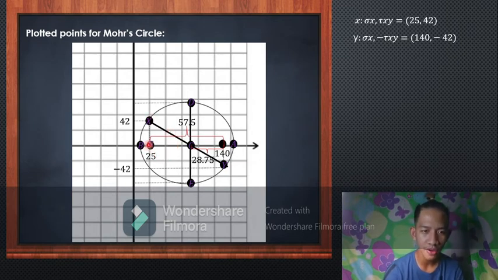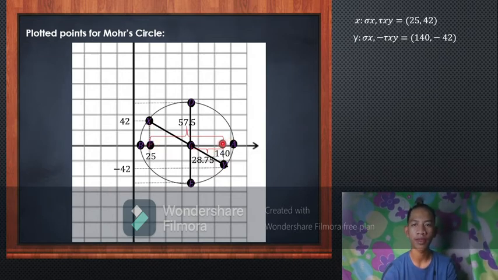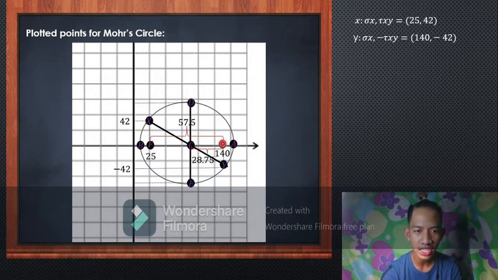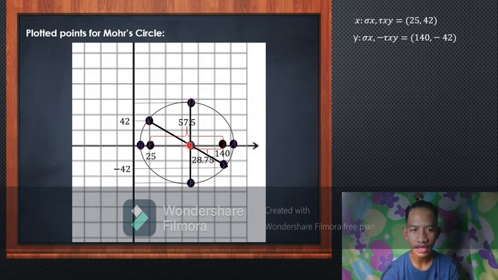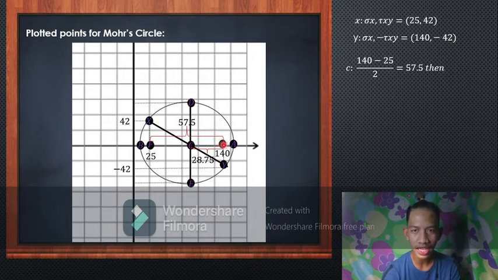Let's call the points F1 and F2. The third thing we do is find the center. The equation is 140 minus 25, all over 2, which is equal to 57.5.